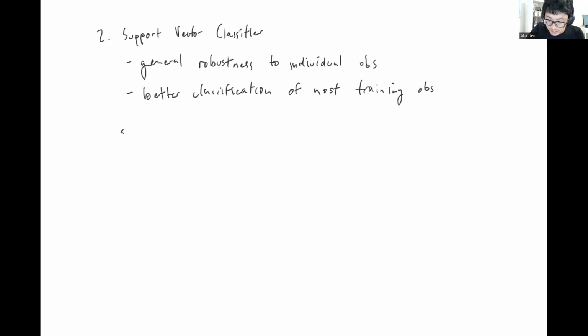So this is actually the same optimization as your MMC, but with an additional constraint.